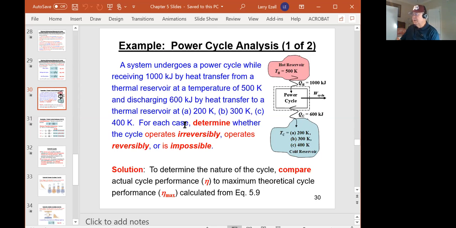So he's giving you three little problems here, A, B, and C. For each, determine whether the cycle operates irreversibly, reversibly, or is impossible. By the way, this is not hard stuff, just a lot of little things to remember. In fact, it's hard for me to make it hard.